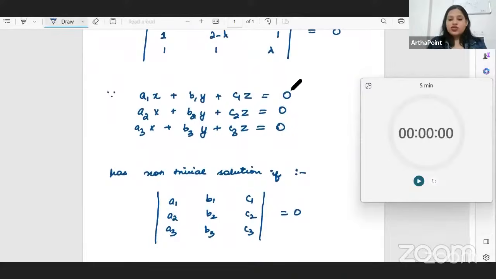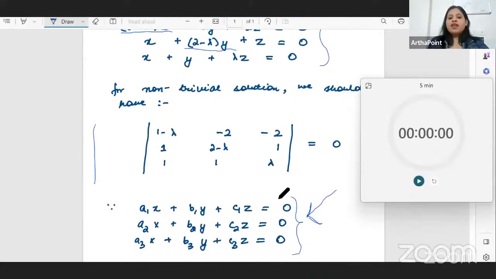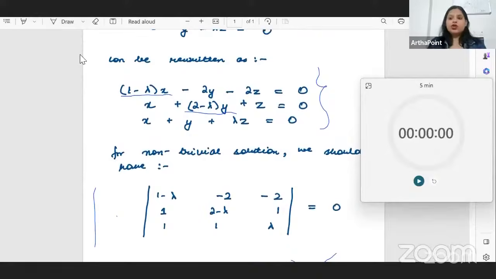Whenever you have three equations of this format, a1x plus b1y plus c1z equal to 0, a2x plus b2y plus c2z equal to 0, a3x plus b3y plus c3z equal to 0, for a non-trivial solution, you want that the determinant should be 0. So in this case also, when I rewrote these equations, I wanted that the determinant should be 0.